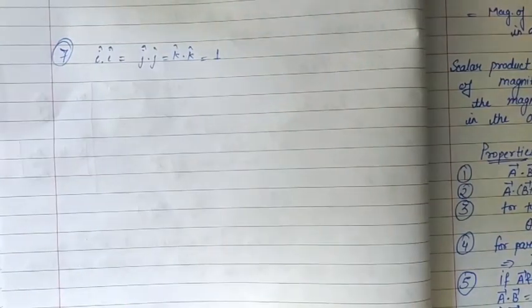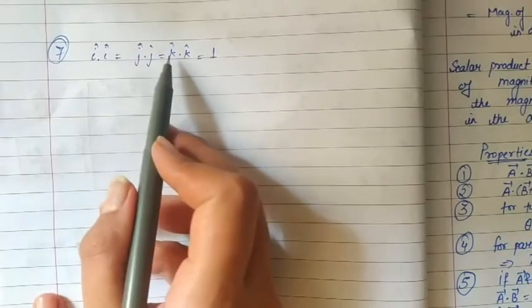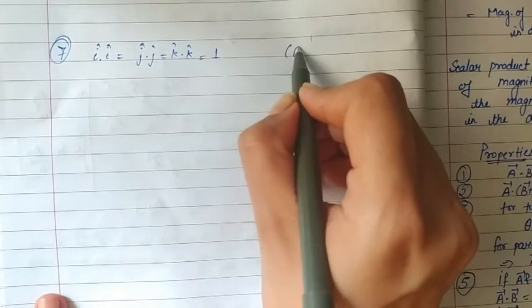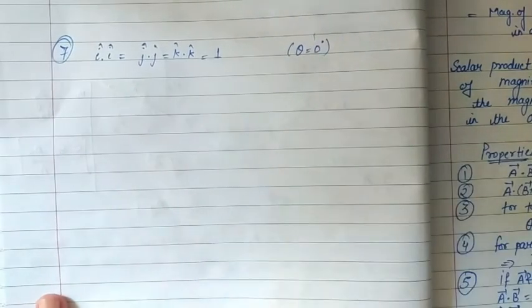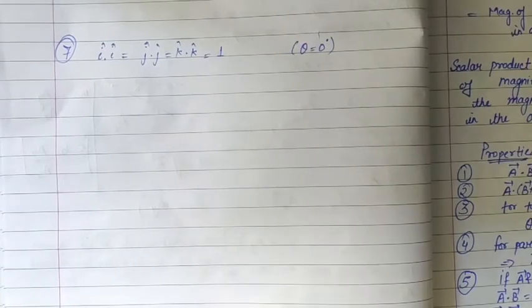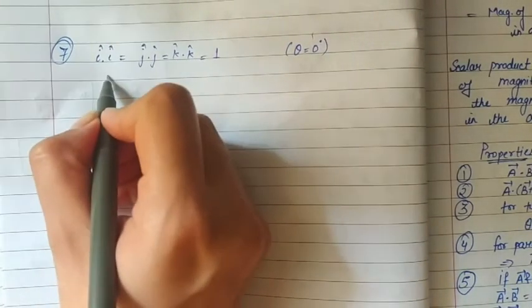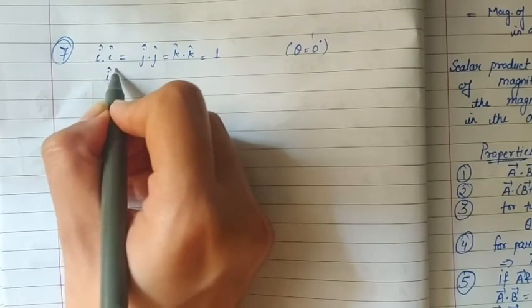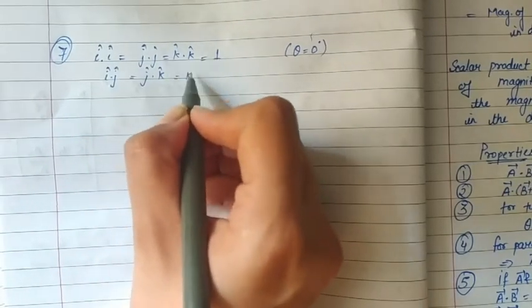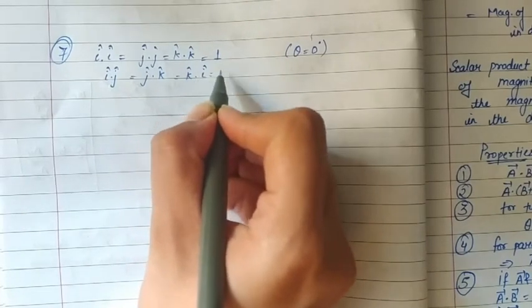The reason is that for i dot i, j dot j or k dot k, the magnitudes are 1 and the value of theta is 0 degree because they are in the same direction. So cos 0 is also 1. So for same base vectors scalar product is 1. For different base vectors like i dot j or j dot k or k dot i, this answer will be 0.